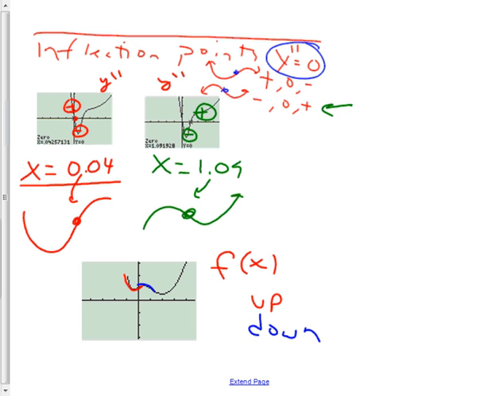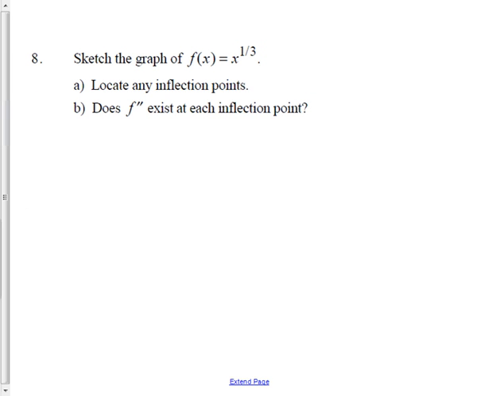So we're concave up till here, and then we're concave down, and then we're concave up once again. And those points of inflection in green occurred when x equaled 0.04 and when x equaled 1.09, and we found that these points are what make my second derivative equal 0.